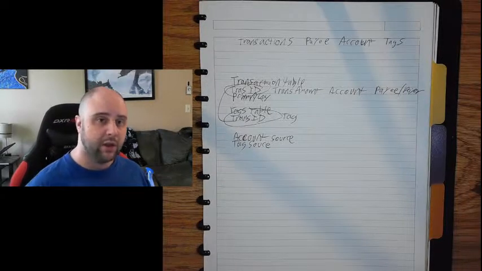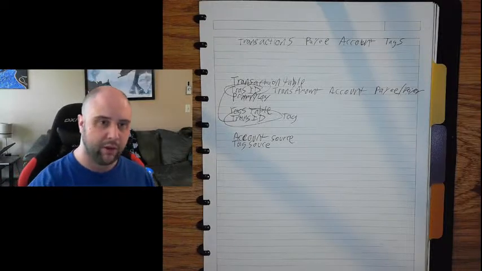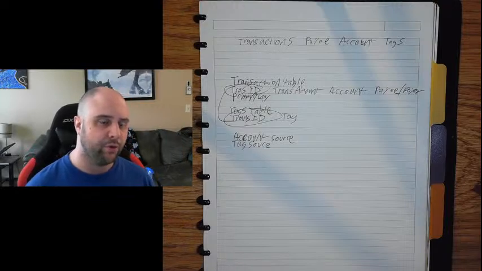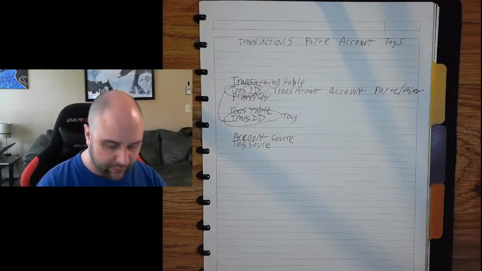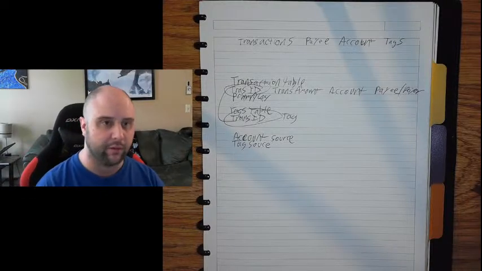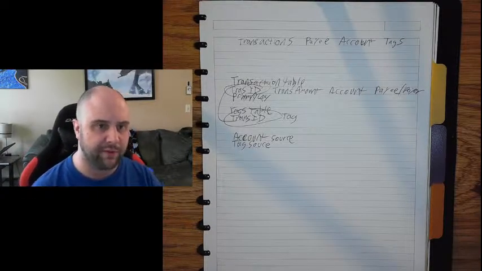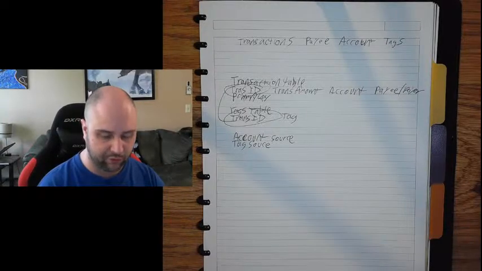So I can say regular income, or maybe this is food, but it's also fast food. Or maybe this is tools, but I also want to file it under household goods as well.